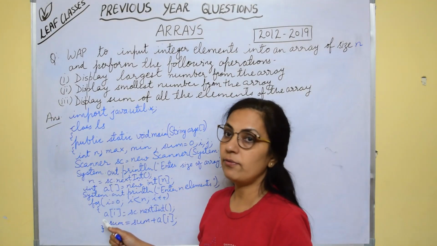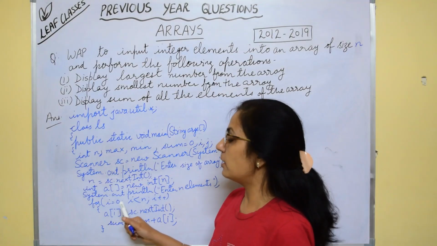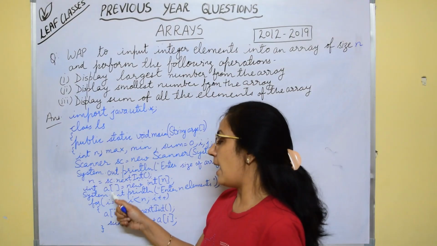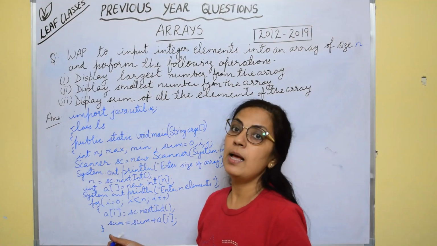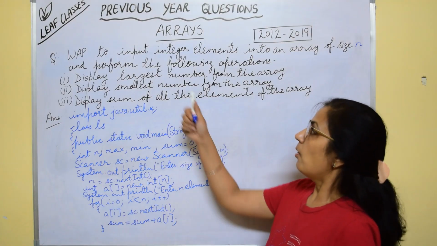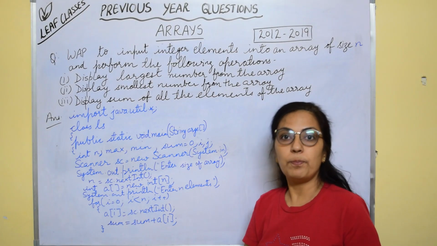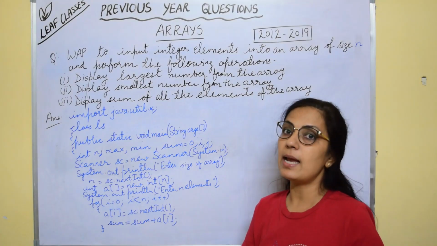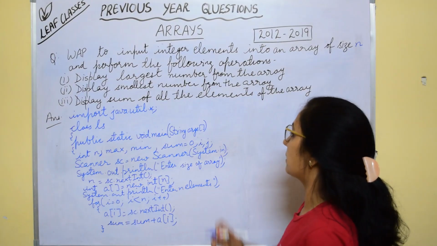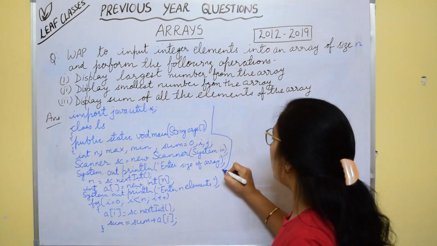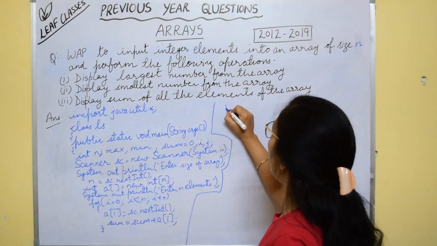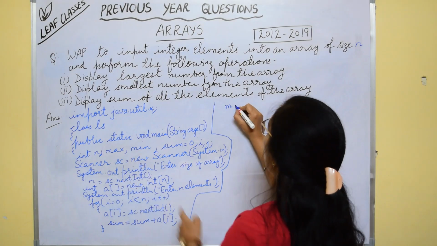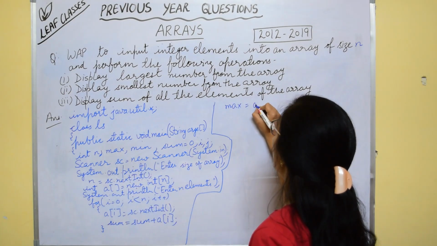Now we have the n numbers stored in array a and the sum of all those numbers in the variable sum. Now what we want is to calculate and display the largest and the smallest element. Since we don't know what the user is entering, we'll assume in the beginning that max equals a[0].